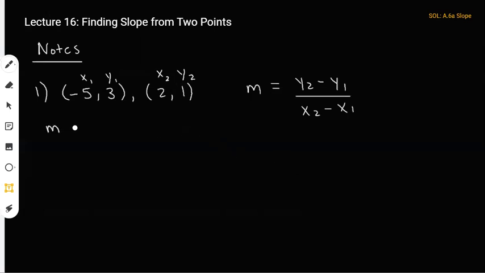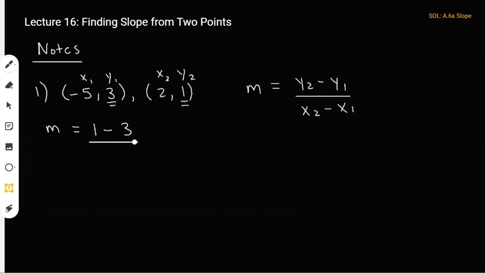So I start off with an m. On the top of the fraction, I'm going to have y2 minus y1. What is y2? That's going to be this 1 right here. And then we're subtracting the next y coordinate, which is going to be y1. That's going to be this 3 right here.